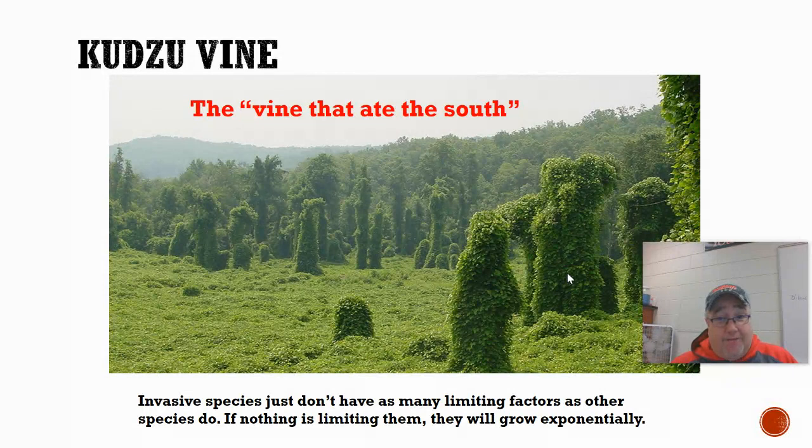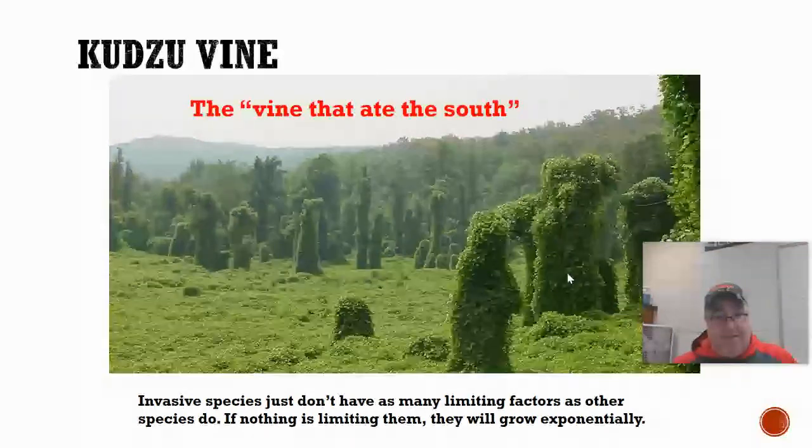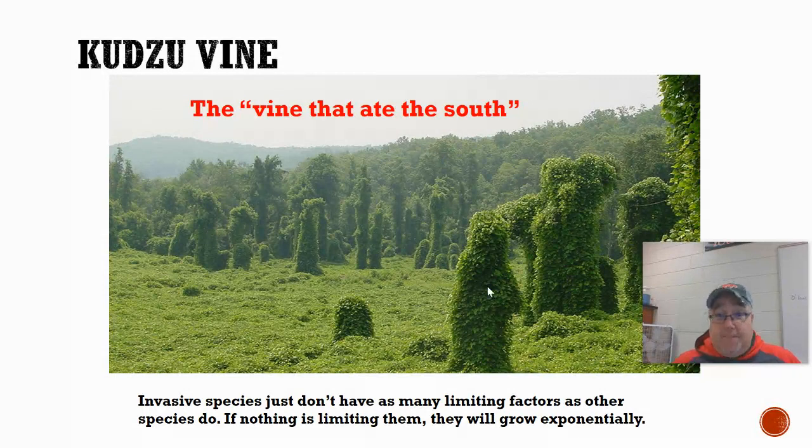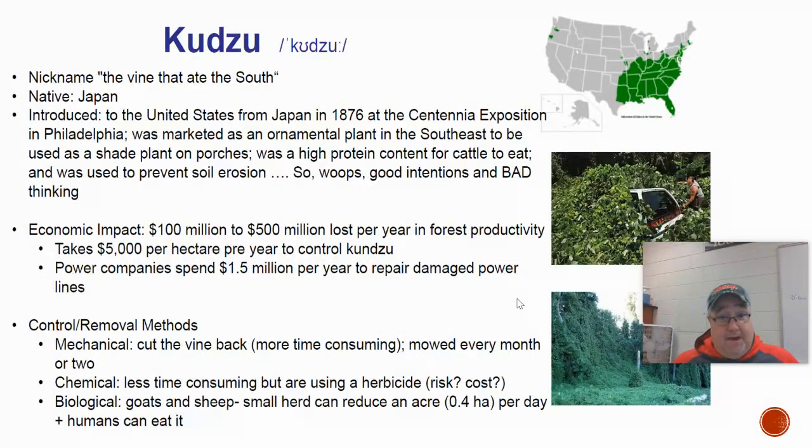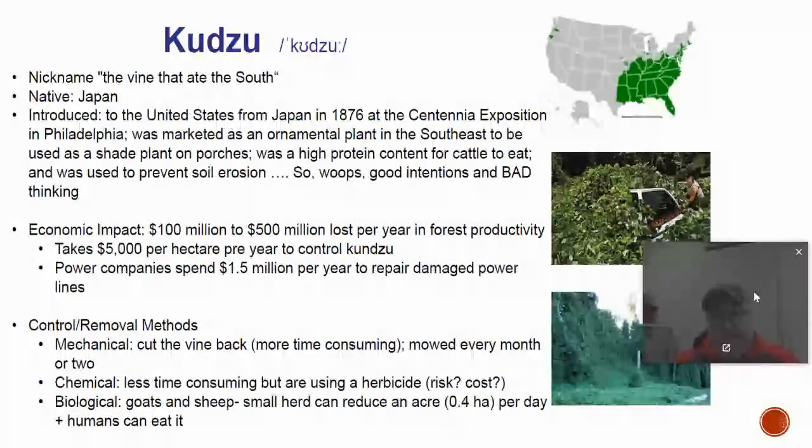And they found out that this plant, again, the living conditions in the southern part of the United States are ideal for the kudzu vine. Where they normally live in Japan, Japan actually does have winters. It does get cold there. So in the wintertime, the plant kind of dies. But in the United States, especially in the southern part, where it stays warm all year long, this plant just doesn't die.